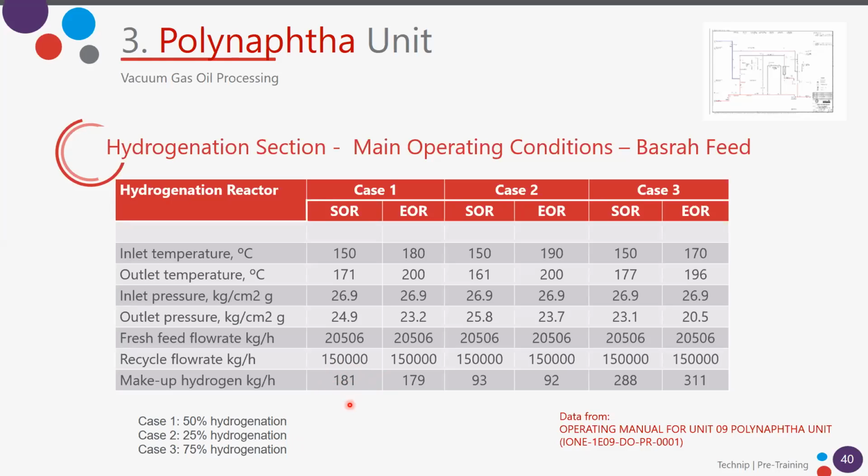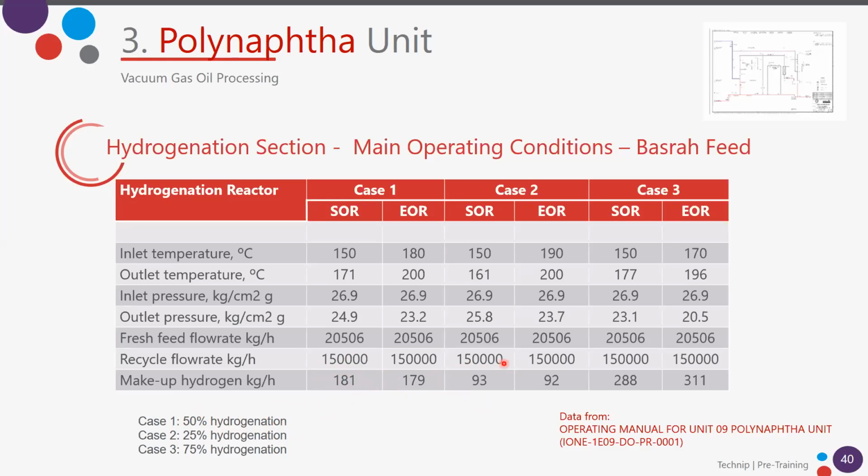In the case 1, where you are going to hydrogenate 50% of the olefins in the feed, you will use this at the start of run, that is 181 kilograms per hour. At the end of run, you will have more or less the same quantity.